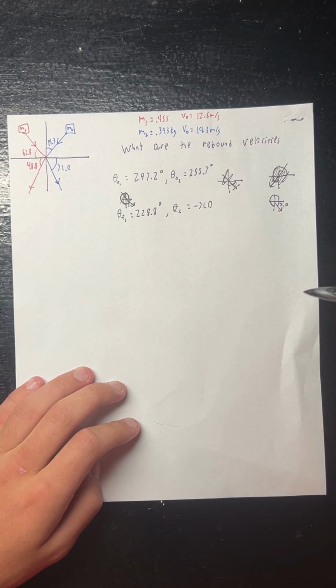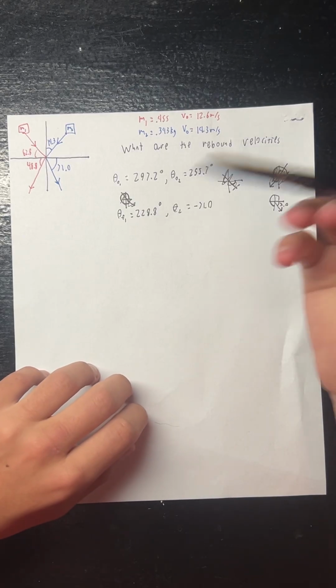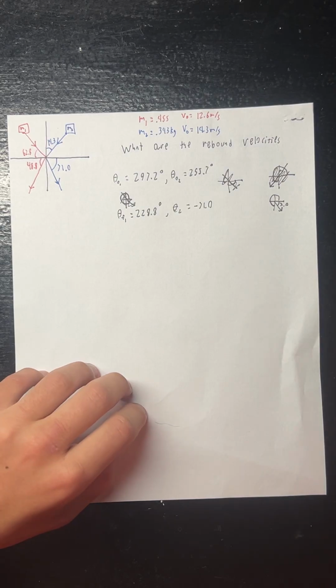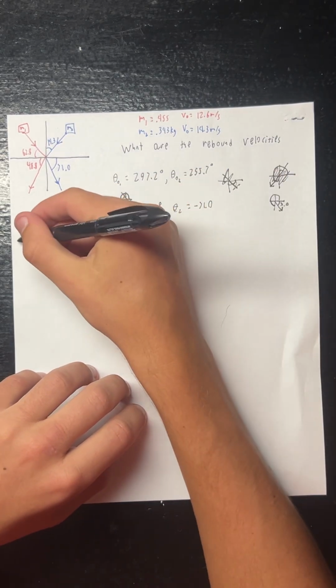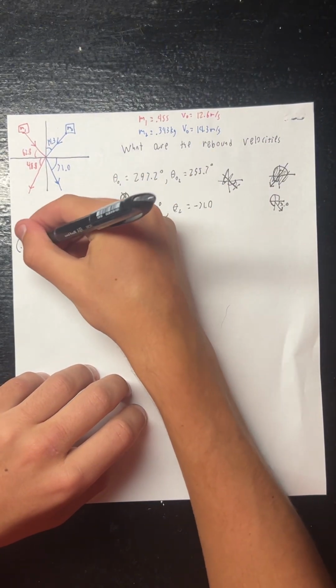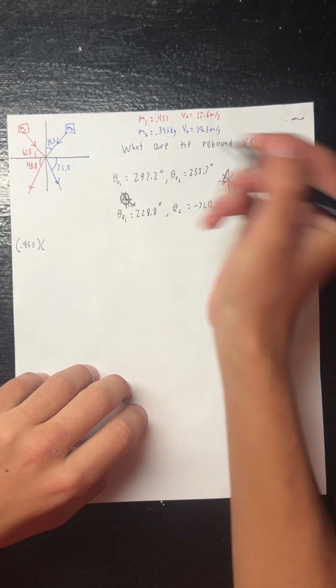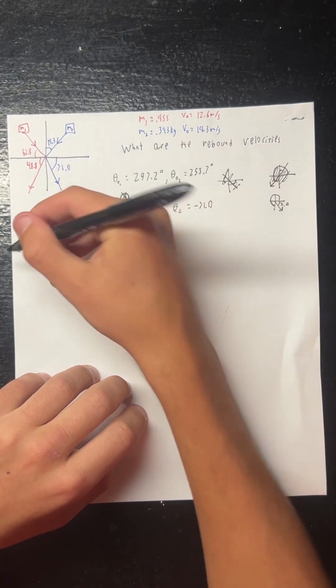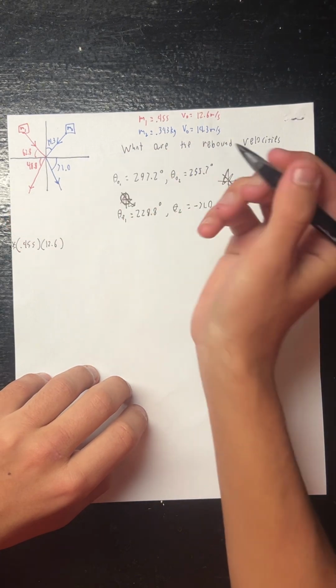That's the hardest part. And then what you can do from there is the setup: m1v1 plus m2v2 equals, and so on. So let's set that up. m1 is 0.455, V initial is 12.6, and we're going to do the x direction.